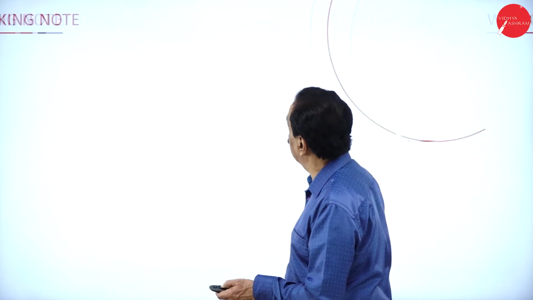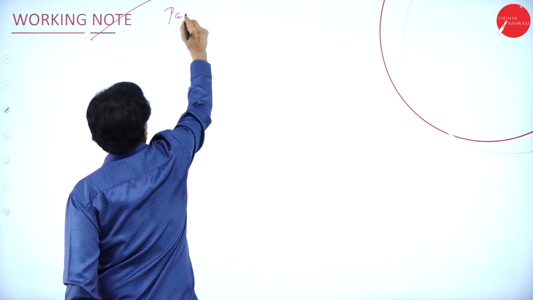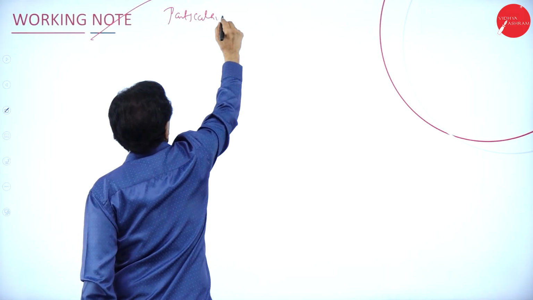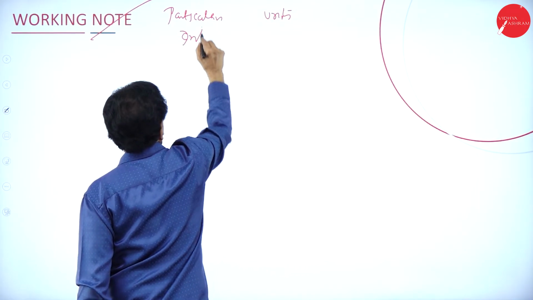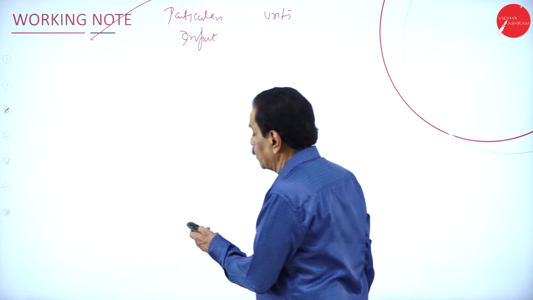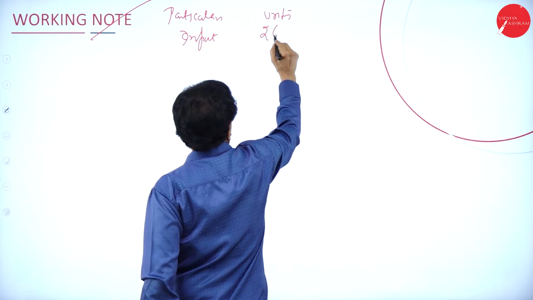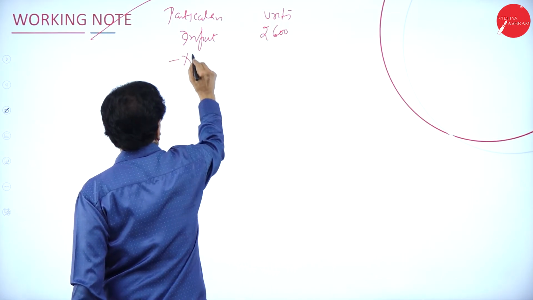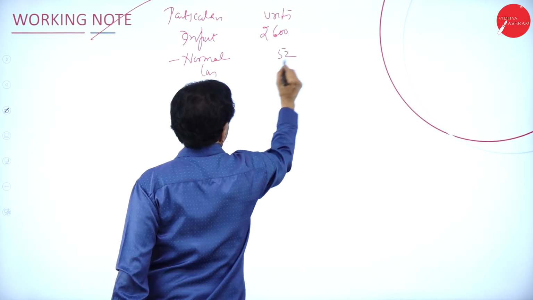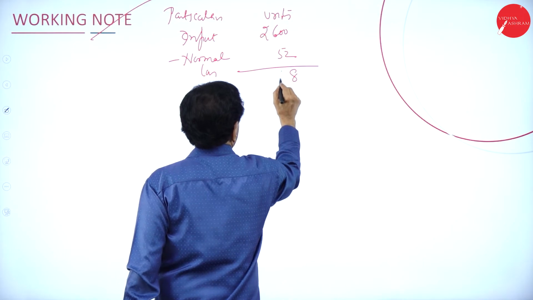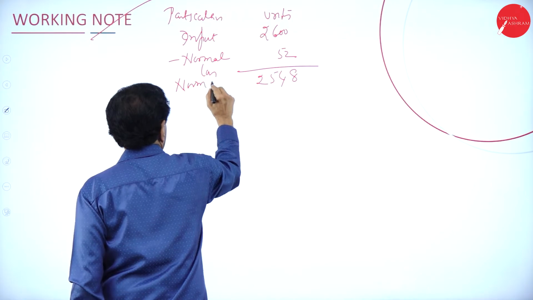We'll do the working note now. Working note. Particular units. Input: your input is 2600 minus normal loss 52 units, 2548 normal output.